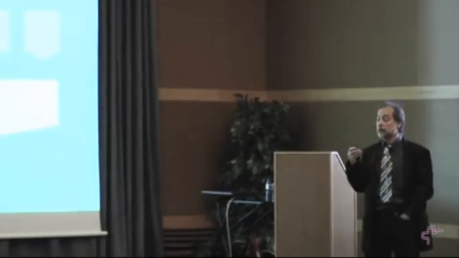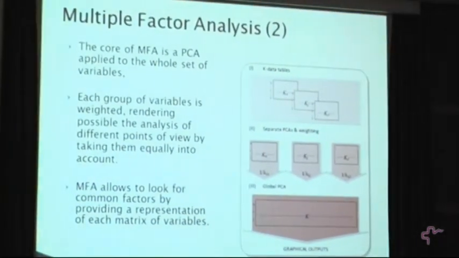MFA do is simply to perform separate principal component analyses, and then to weight them. That is, to combine them using the eigenvalues, which is a technical term I'm not going to define now, in order to obtain a global PCA, that is essentially a PCA performed with all the data.